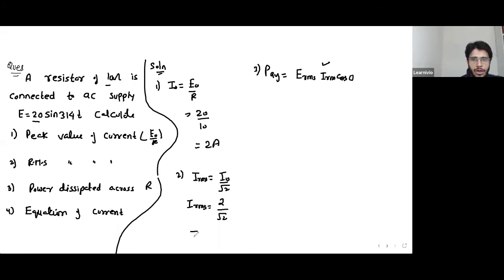So IRMS is root 2 ampere. Average power is ERMS, IRMS into cos 0. Afroza, how would you calculate ERMS? You have E naught equal to 20. How would you calculate ERMS? Afroza, it would be better if you can use your mic. That would take less time.